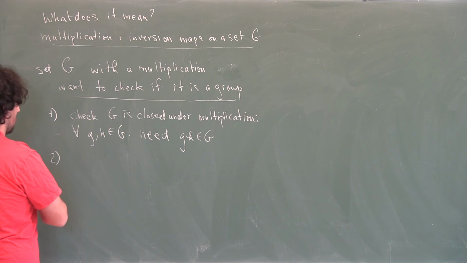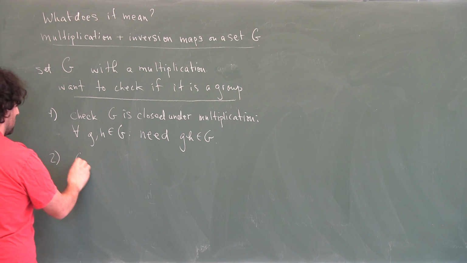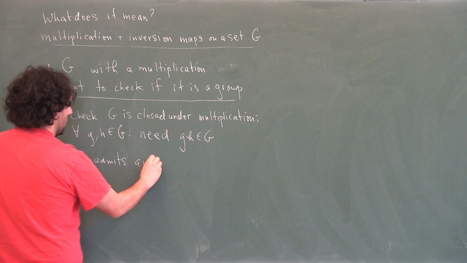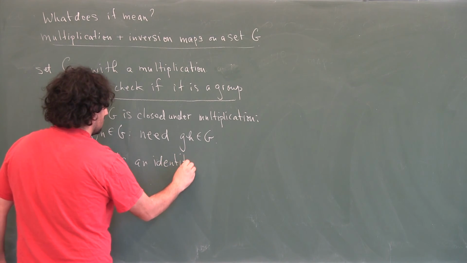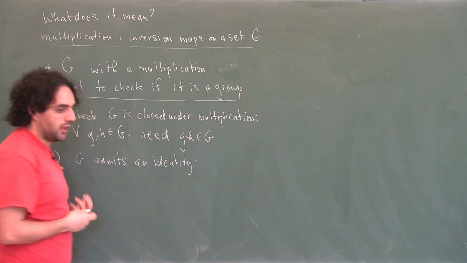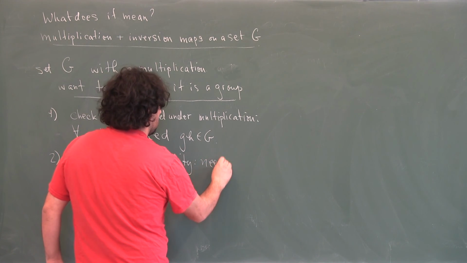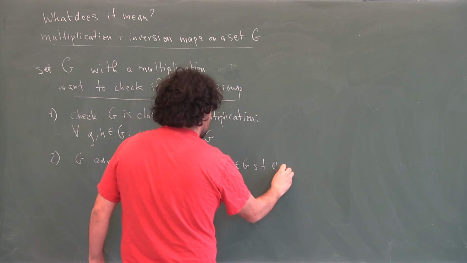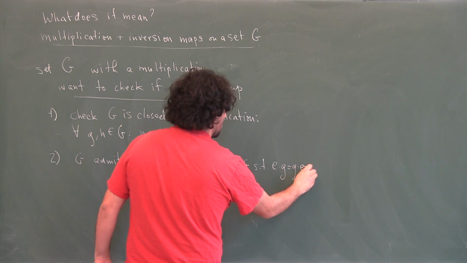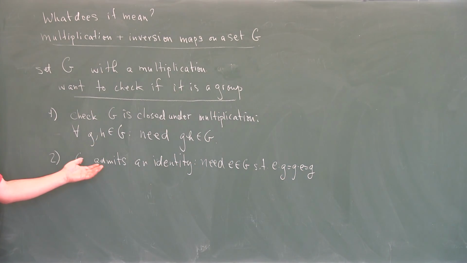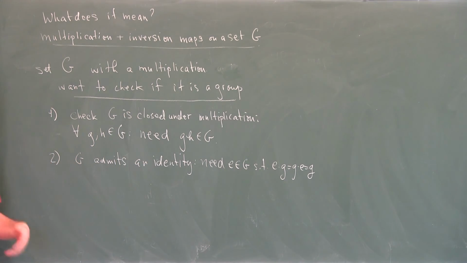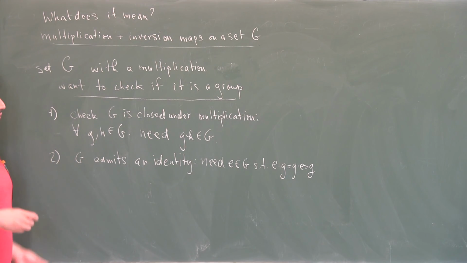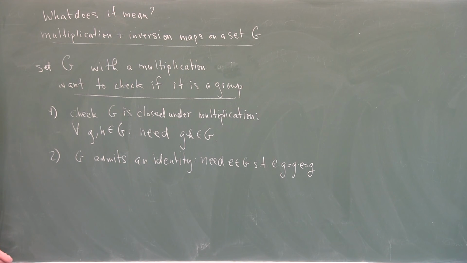And secondly, we need to check that G admits an identity. That's just like the axiom that I had. We need an E in G such that E times G is G times E is G. And you will see this is usually the easiest axiom to check. The identity is usually some kind of identity function, or the number 1 or the number 0. It's usually quite obvious.